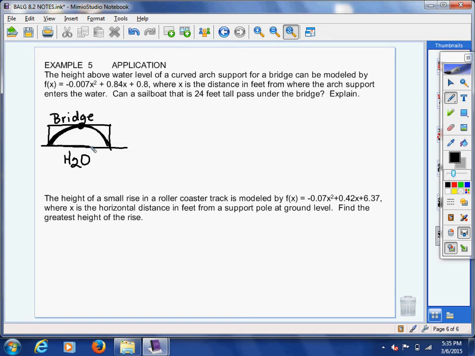So imagine that the water is your x-axis, and then the height of the bridge is your y-axis. That's how I want you to imagine it. Kind of see that xy coordinate plane there, all right? So I need to know specifically the height. So I need to know the y. But the only way I can find the y is if I know the x of that vertex.